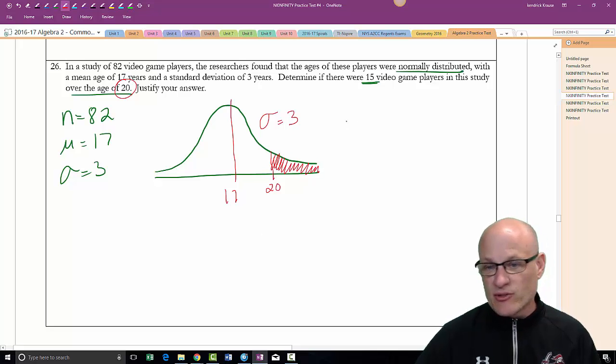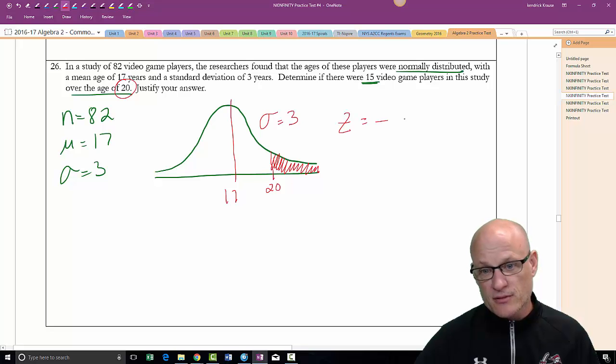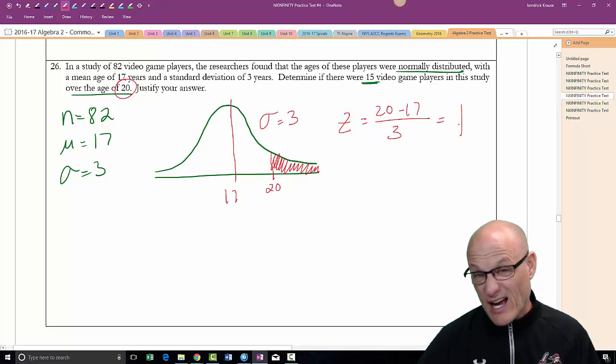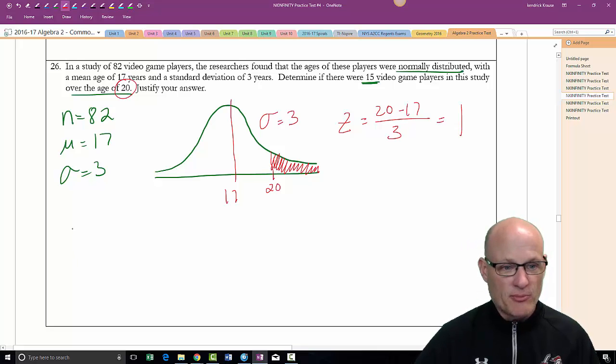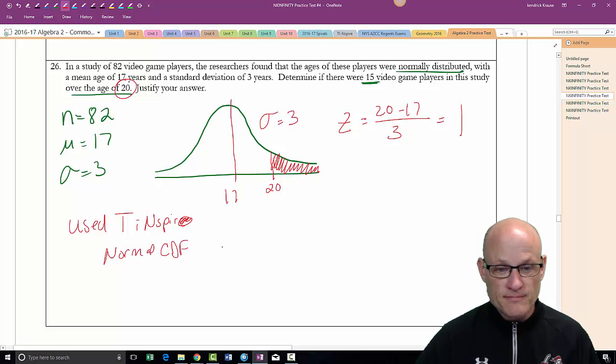I can turn that into a z-score if I wanted to: 20 minus 17 over 3. Well, that's just 1, obviously 1 standard deviation. But I'm going to use my TI-Nspire, normal CDF.